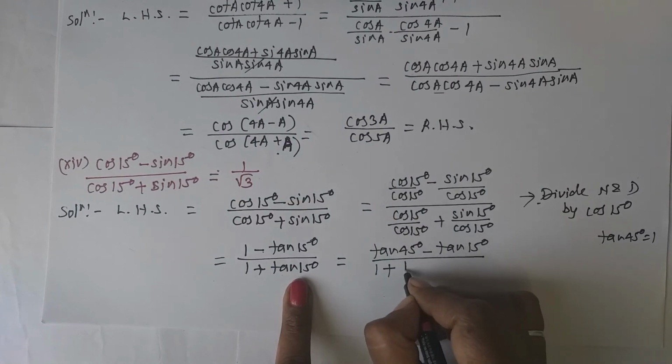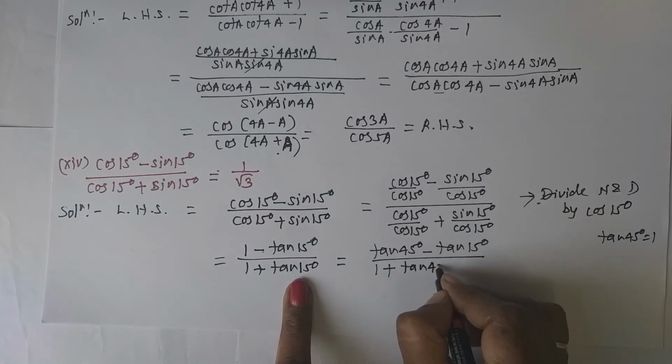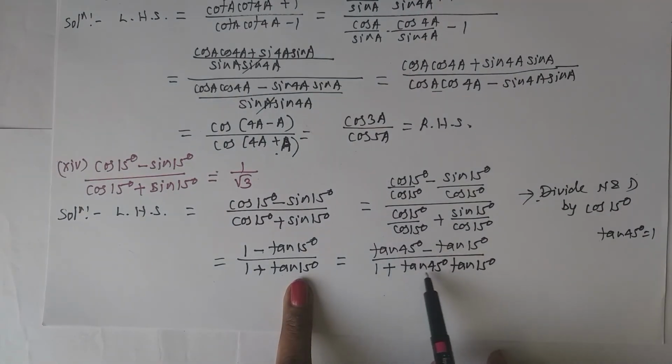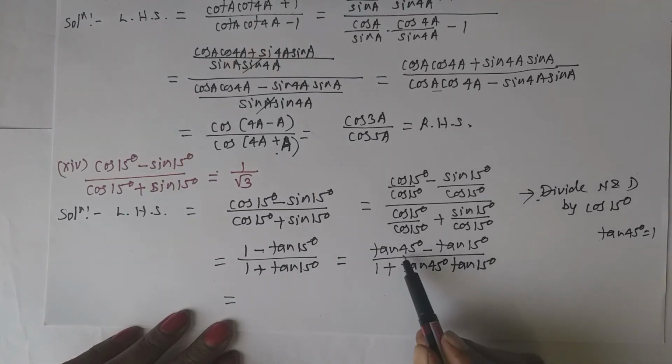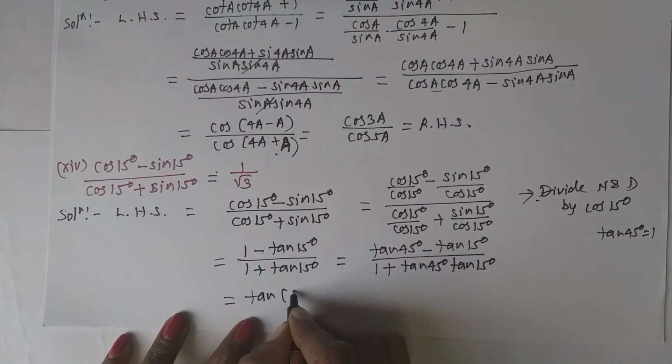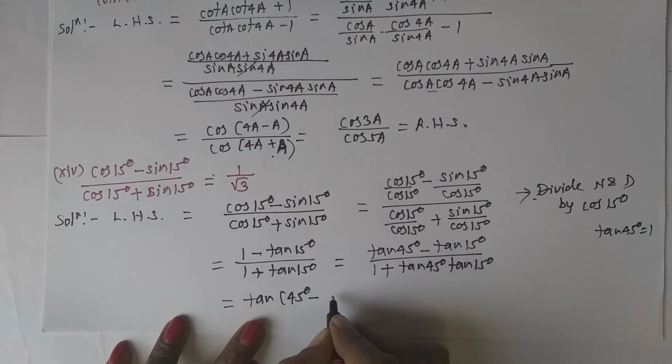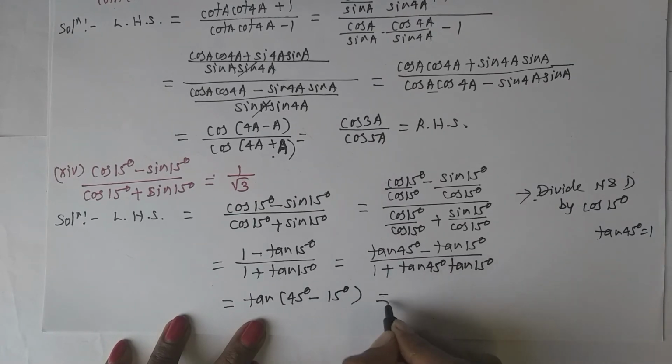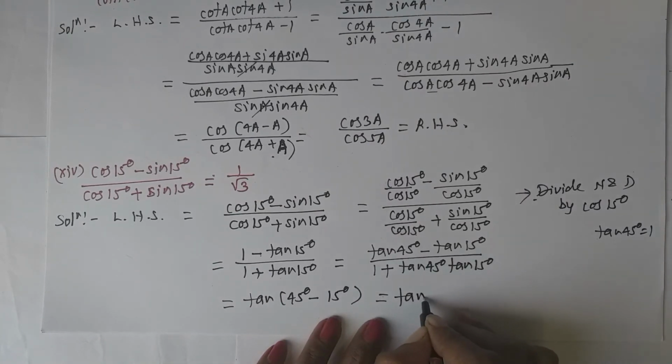For that here I will keep tan 45 degree because see here, a and b come in the product of each other, therefore keep the value of tan 45 here. What is this? This is the formula of tan a minus tan b divided by 1 plus tan a tan b, means this is the formula of tan a minus b, that is a 45 degree, b 15 degree, means this is tan 30 degree.